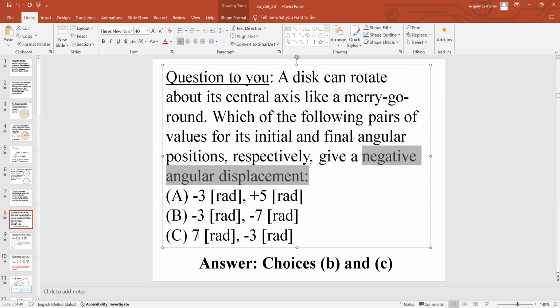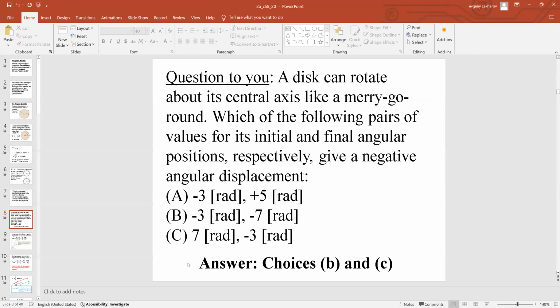Last option, from 7 to -3 radians. -3 take away 7, that's -10. Also a good negative value for the angular displacement. So first one is +8, second is -4, and the last one is -10. That's the angular displacement.